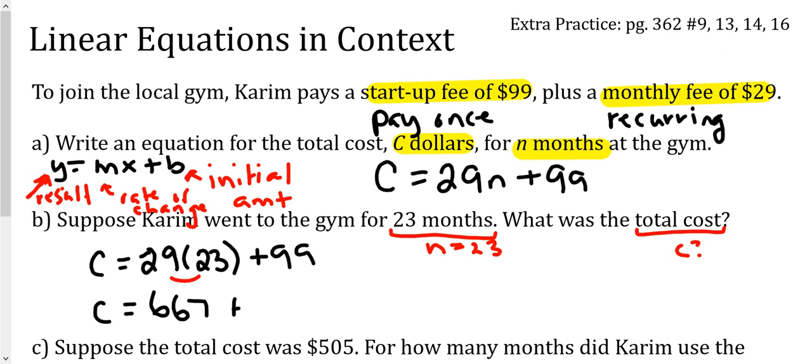Plus, you have to include that startup fee because 23 months ago, you paid an extra $99. So you want to make sure that's included in the cost. So at the end of the day, you've paid $766 towards your gym membership, or Kareem has paid that.